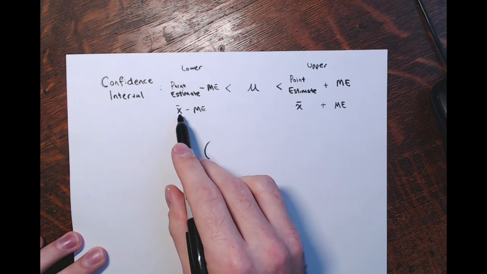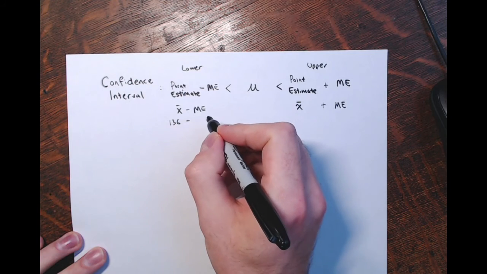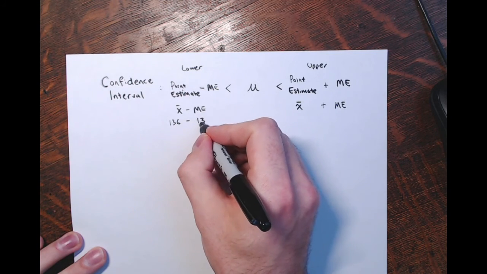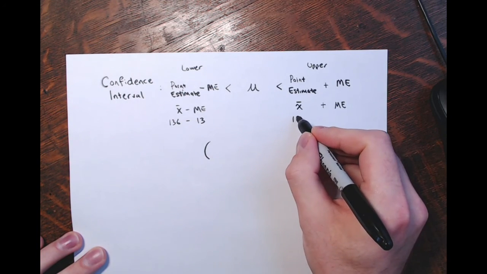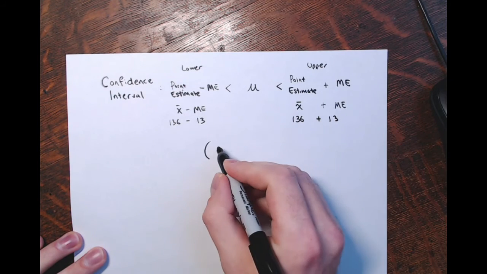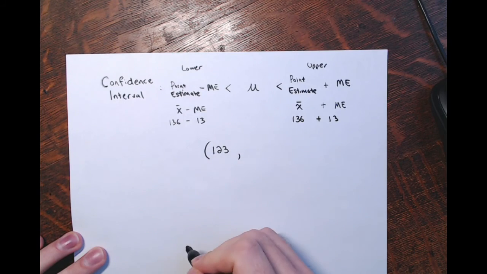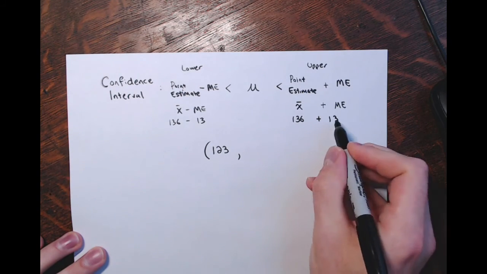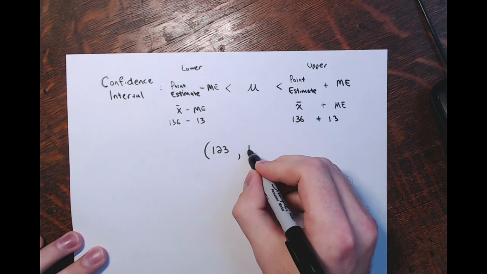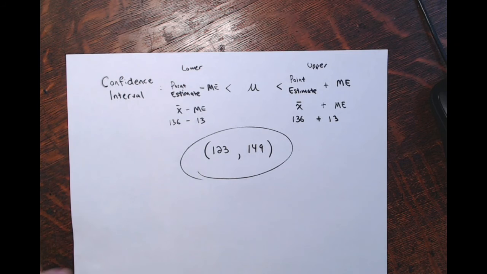So X bar was 136 gumballs minus, margin of error was 13. And over here, the upper bound for our confidence interval, 136 plus 13. So 136 minus 13, it's 123 gumballs for the lower bound. Then 136 plus 13, there's 149 gumballs. And there's our confidence interval estimate for the mean number of gumballs.